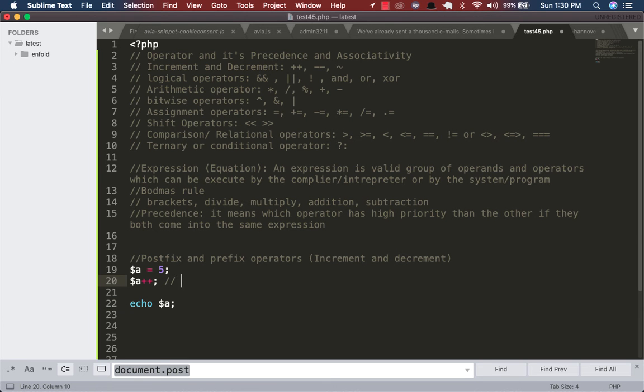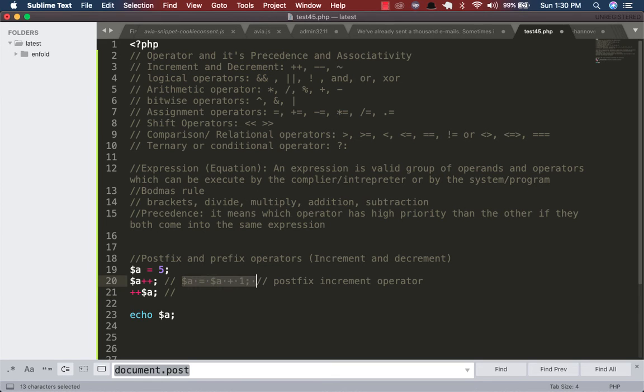So this basically means $a equal to $a plus 1, and as it comes after the variable, we call it a postfix increment operator.